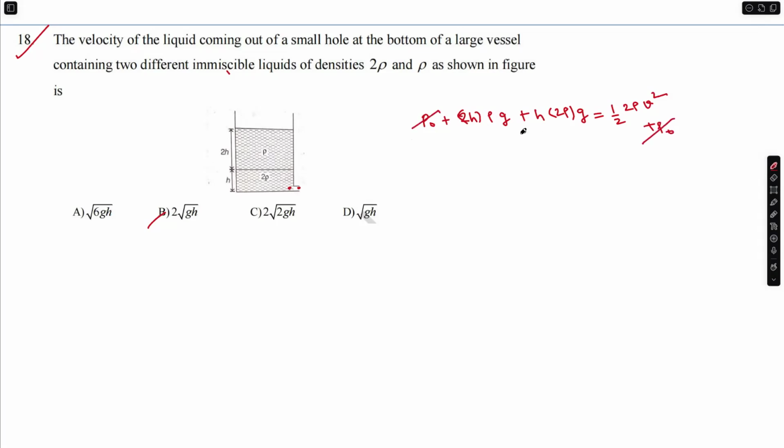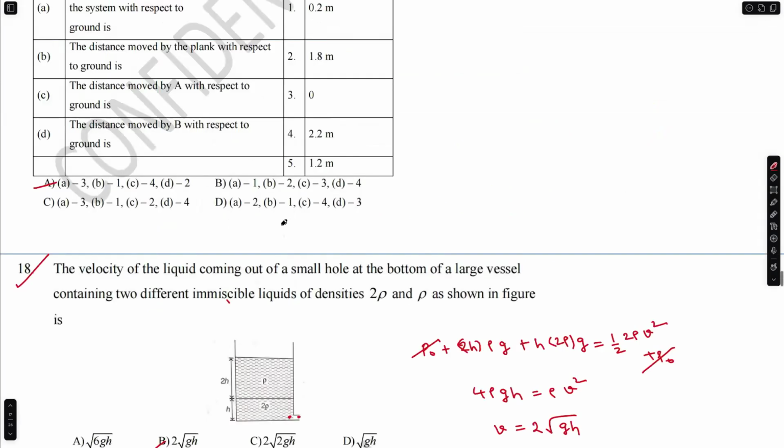So you cancel this. This is 4 rho GH and this is rho V square. So clearly V is equal to 2 times root GH. Second question, clean hit. Yeah, definitely that gives me some confidence.